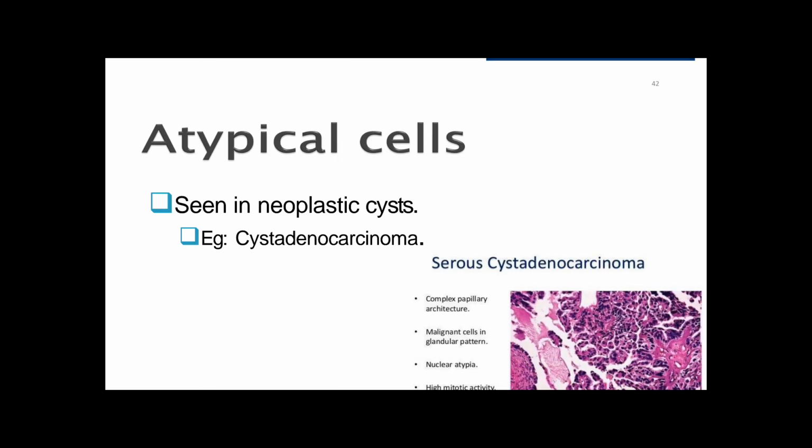Atypical cells will be seen in neoplastic cells. For example, cystadenocarcinoma.